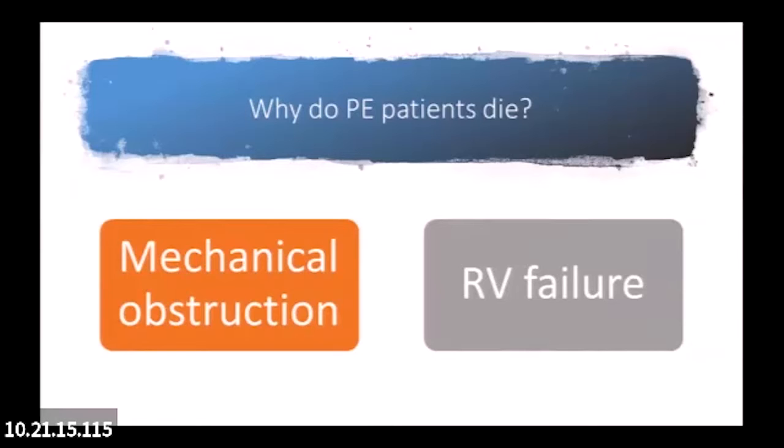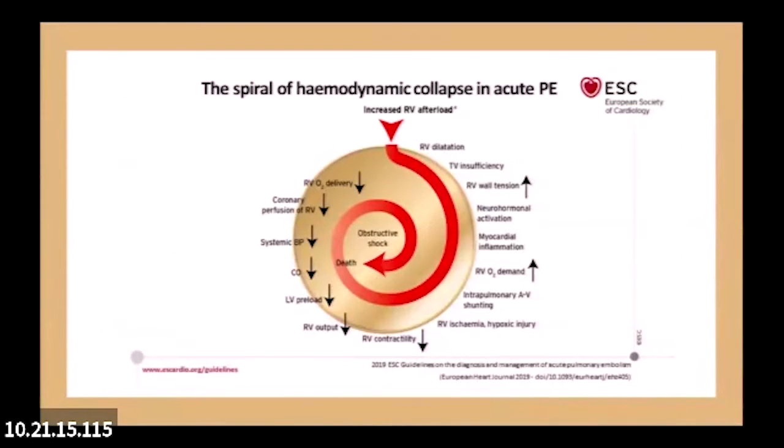A second mechanism is RV failure. The RV failure from PE is a cascade. If there is a PE in the pulmonary trunk or in the pulmonary artery, it will cause increased RV afterload, will cause RV dilatation, and then progress into high RV oxygen demand.